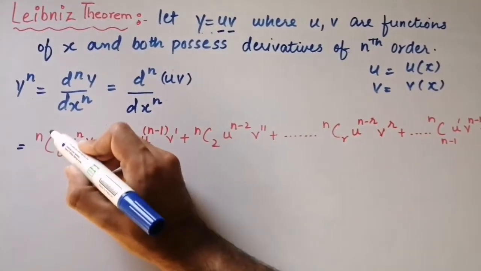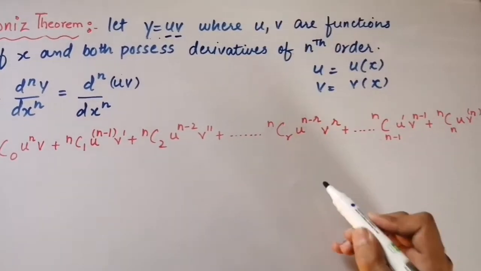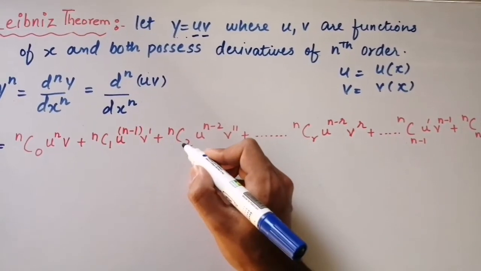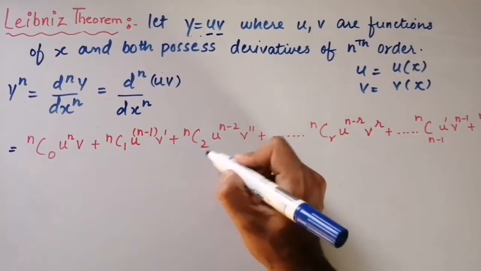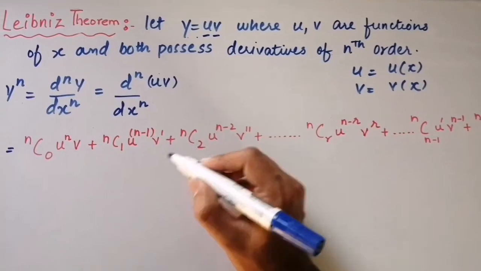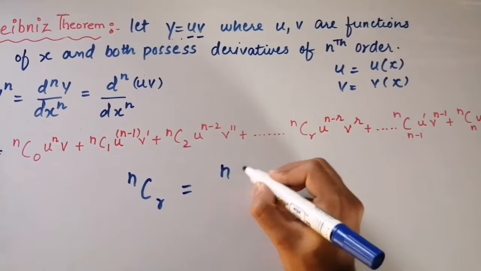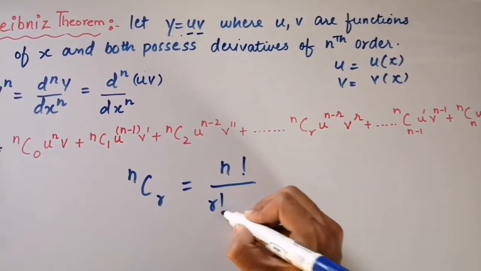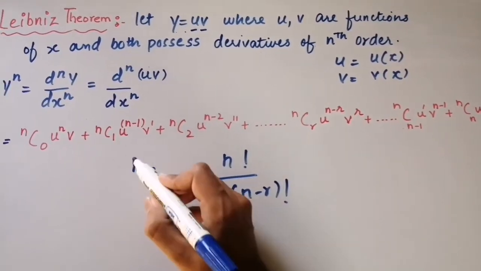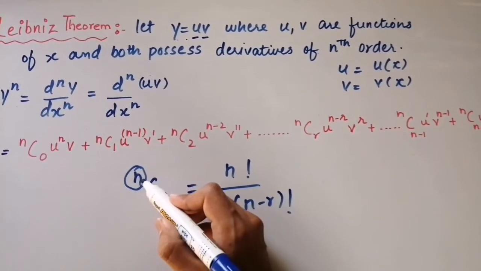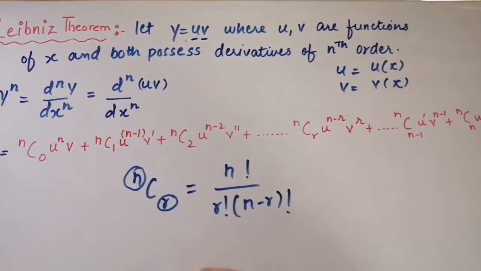Let's start from nC0. These C's you are seeing in the formula are basically combinations, and you are well aware of that. You can read nCr as n choose r, and you are aware of the formula for nCr, that is n factorial over r factorial into n minus r factorial. n represents the total number of objects and r represents the objects to be selected from the total number of objects.